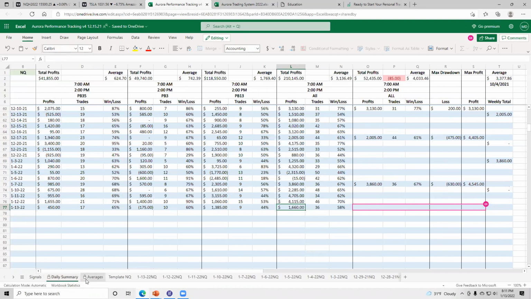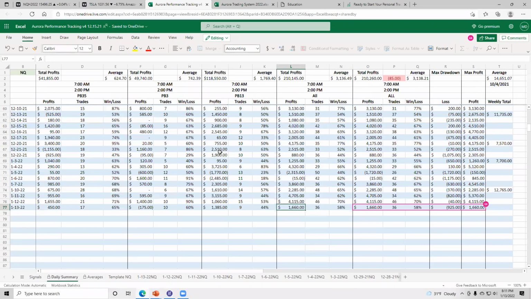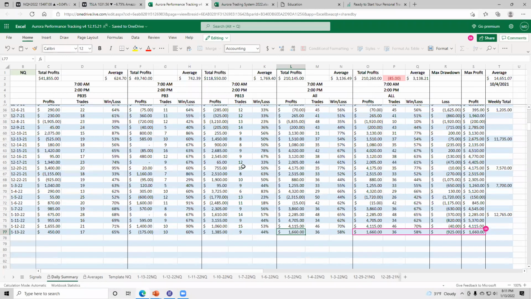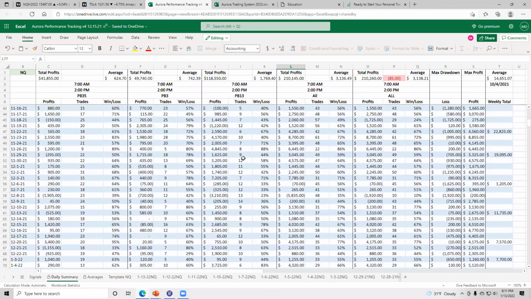Oops, I've got a day of the week in there. There we go. So Deborah, here's your PB13s, and you can just visually scan through here and see what the range of trading activity was.